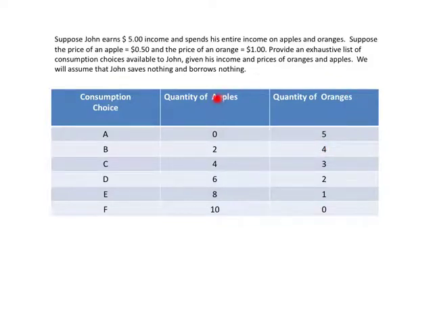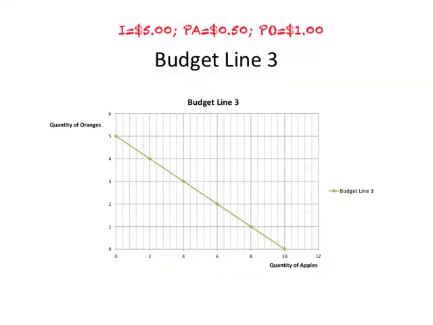And in this way, we can complete this table, which reflects his consumption choices based on income and price. Now, based on new financial situation for John, where as compared to budget line 1, the only thing which has changed is price of an apple. It has fallen.